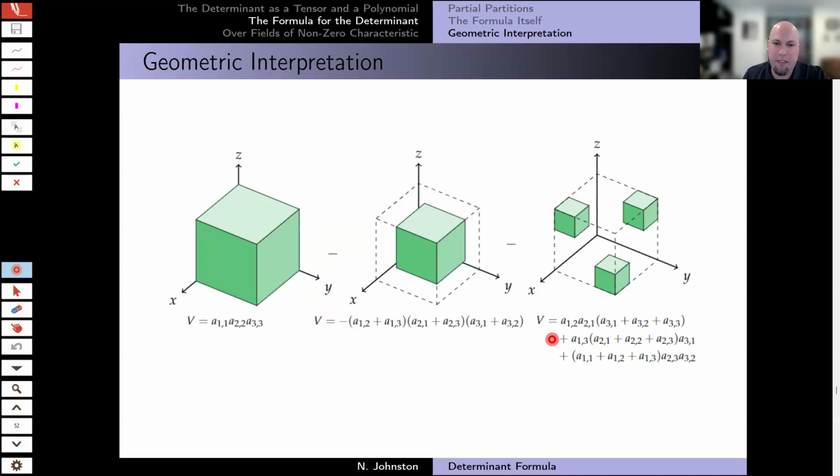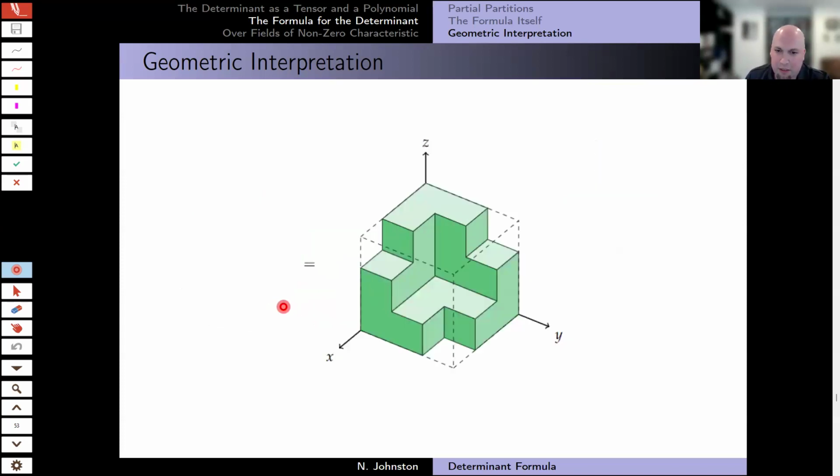The tile is going to look something like this, which is kind of weird and a little bit harder to picture. But the point is, again, it's axis aligned. All these sides here are parallel to one of the coordinate axes. So it's really easy to write down the volume of this thing.